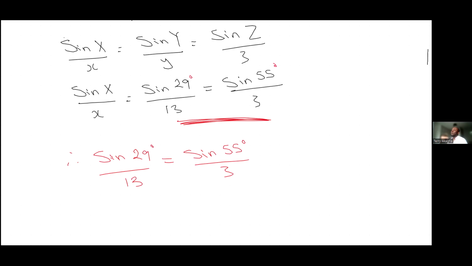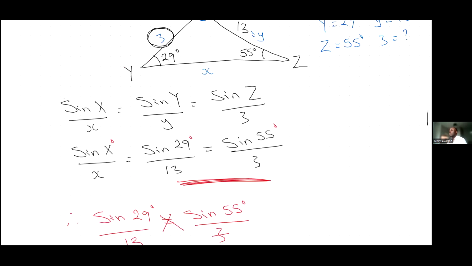Now we're going to cross multiply. So it's going to be z sine 29, sorry, not 3, z. Just to avoid confusion, I'll write the z like this so nobody will think I'm talking about 3 here.